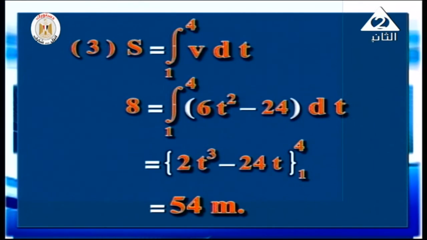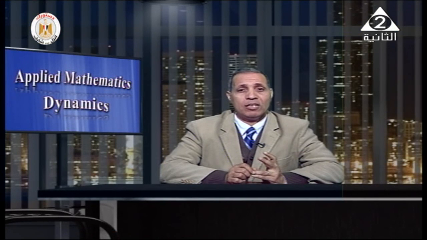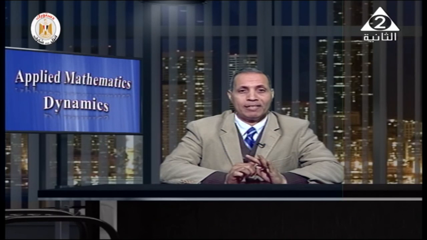This is displacement s. My dear student, by the end of the lesson, we know that we have acceleration, velocity, and displacement, three unknown variables. We join the three variables by the equations of motion. The first, v equals v naught plus at.